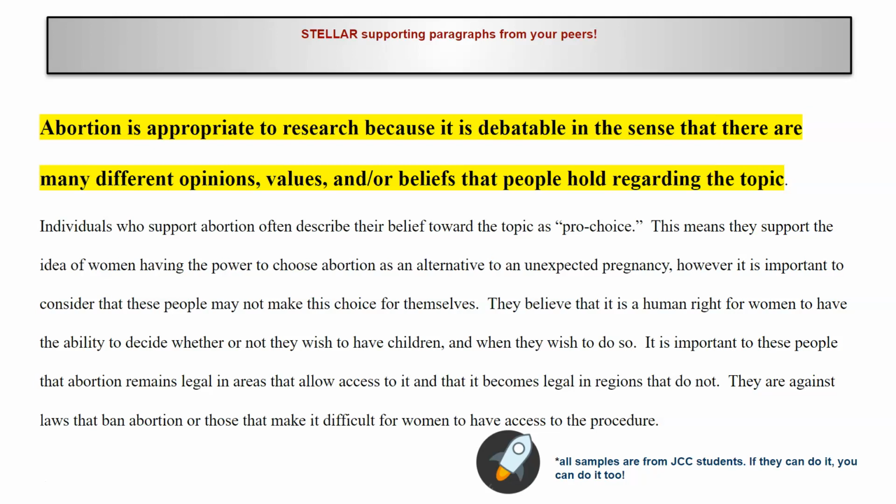They believe that it is a human right for women to have the ability to decide whether or not they wish to have children, and they may wish to do so. It is important to these people that abortion remains legal in areas that allow access to it, and that it becomes legal in regions that do not. They are against laws that ban abortion or those that make it difficult for women to have access to the procedure. So this is a paragraph talking about the different sort of voices on abortion.